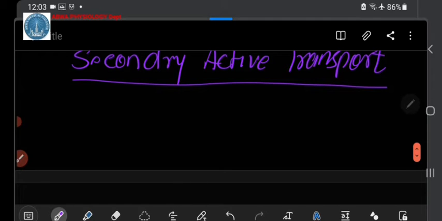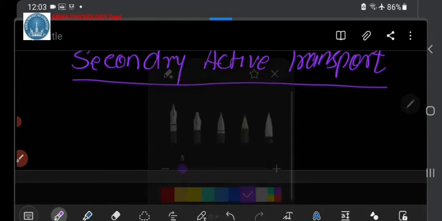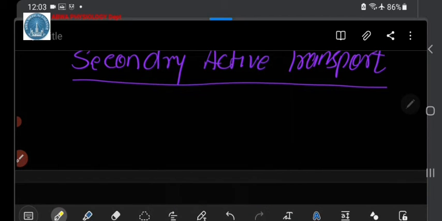Energy utilized in transport of one substance would help the movement of another substance. Or you can take a lift. If you are going somewhere and ask someone for a lift, the person is already going there, and it will also help you reach your destination by taking help of that person.